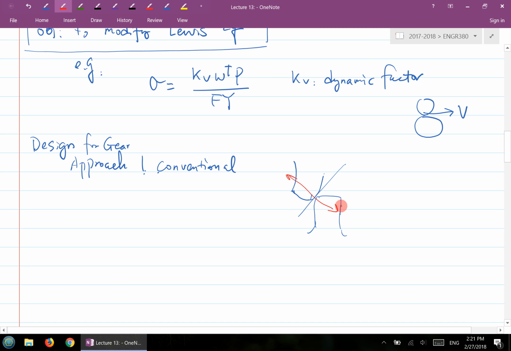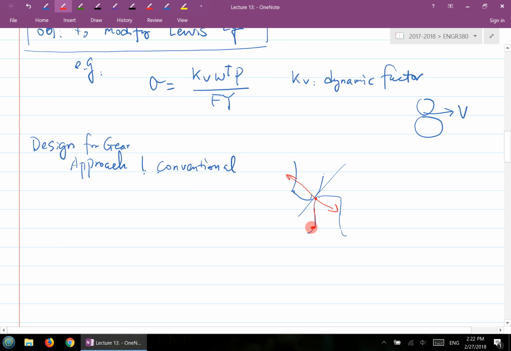And as the motion goes on, if this is probably the initial contact point, as the meshing goes on, the contact point moves from here to here to here, until disengage. So you can imagine the action-reaction force between the two teeth moves from the top to the bottom here, until disengage.